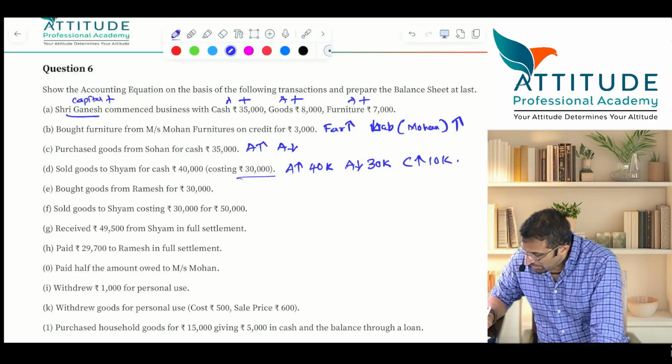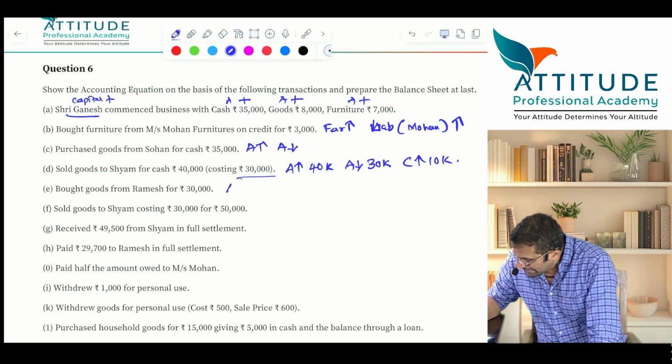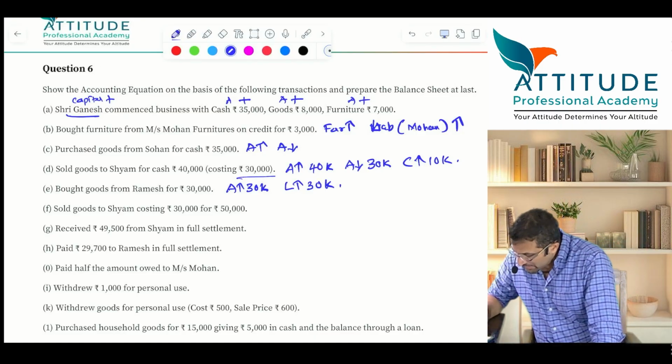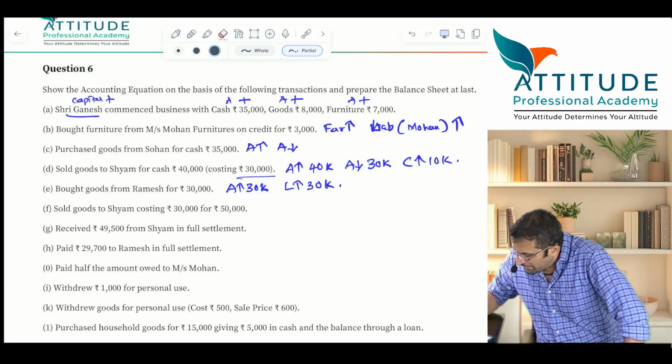Next, bought goods from Ramesh, obviously on credit. Asset increases by 30k and liability also increases by 30k. Is that clear? Next, goods sold to Sham costing 30,000 for 50,000.